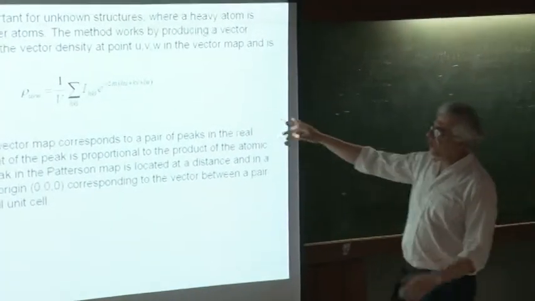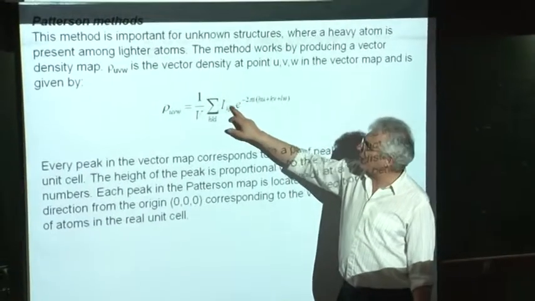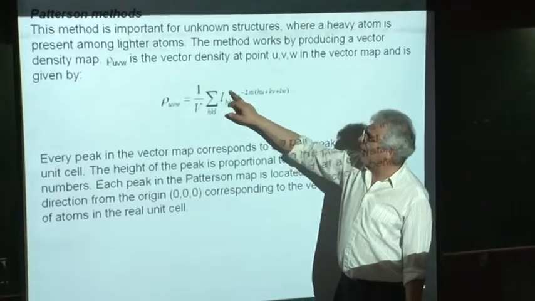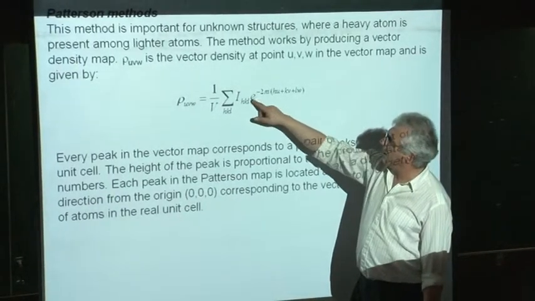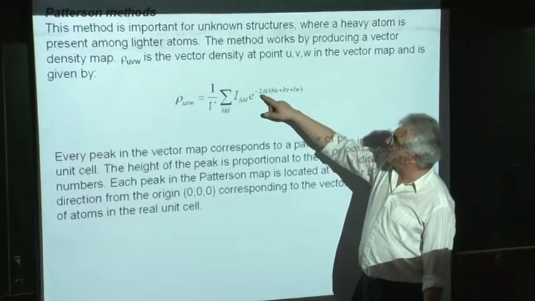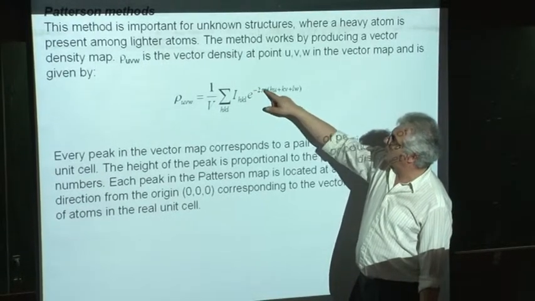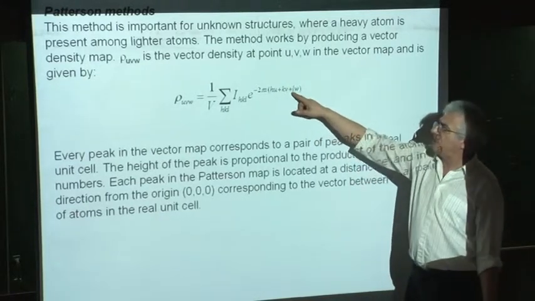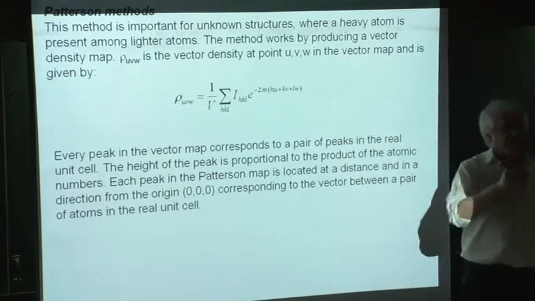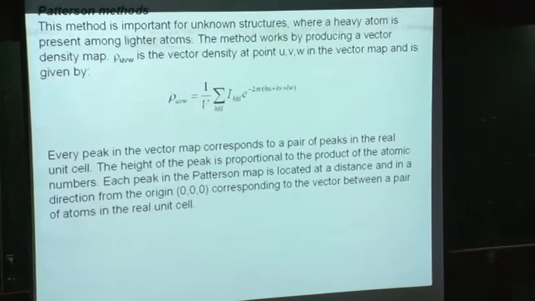And we have this formula here, so we can take our raw data, so our intensities, or our F observed squared, multiply it by the exponential of minus 2 pi i of h times u plus k times v plus l times w, where h, k, l, you know, are the Miller indices.